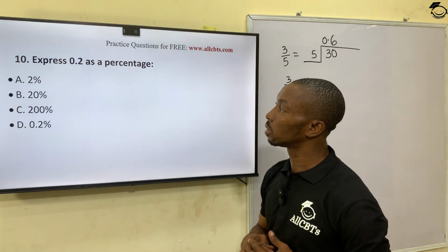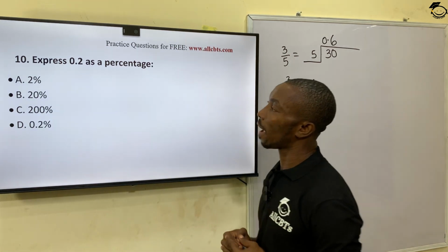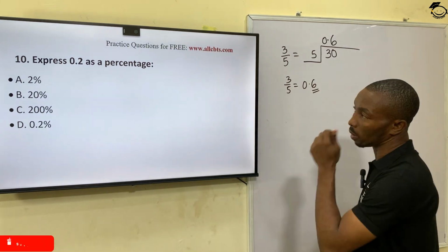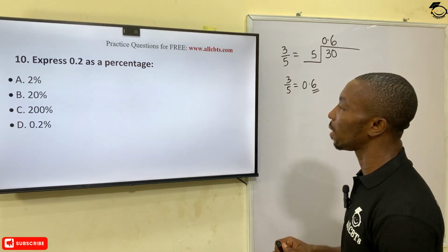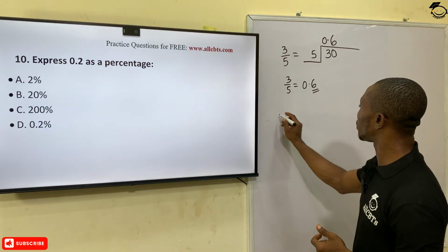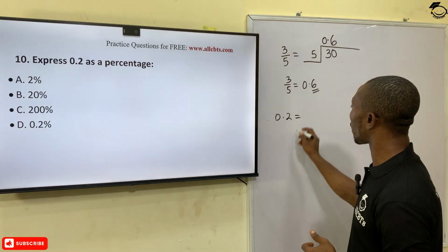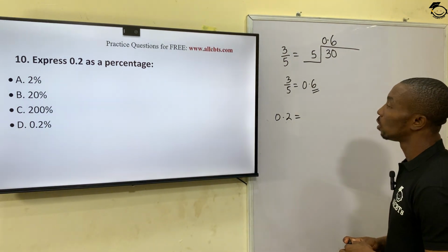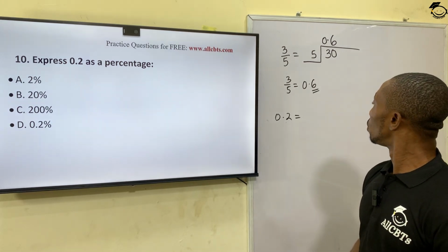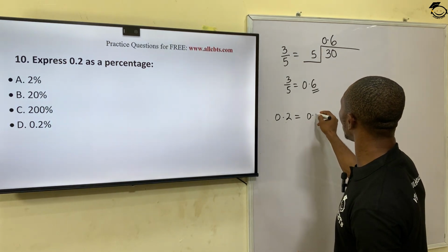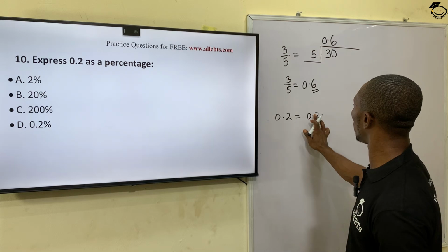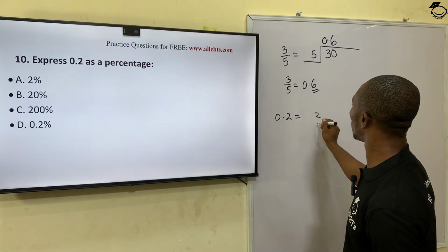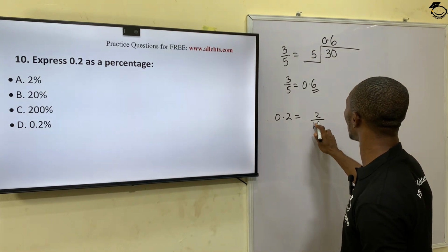Now, question 10 says, express 0.2 as a percentage. So we have 0.2. Expressing it as a percentage would be, we have 0.2. How many digits do we have here? 1. So this becomes 2 over 10.